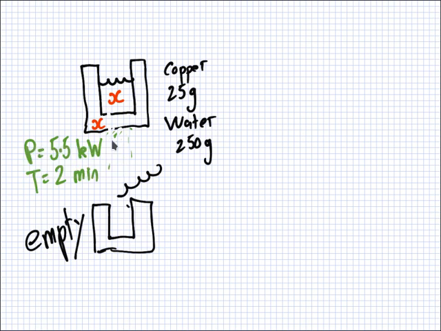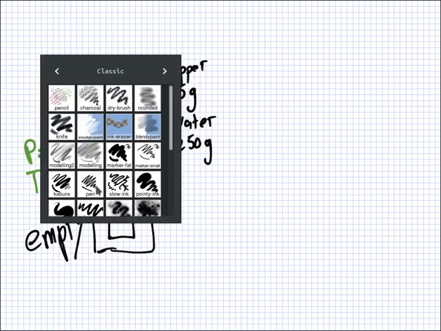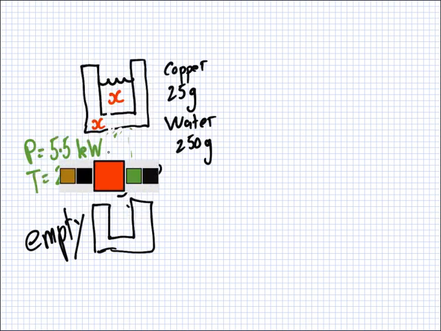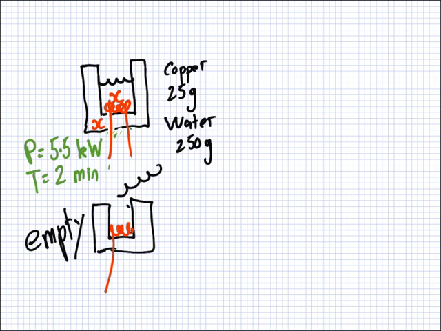Oh, what the heck? Come back, pen. The heating element is inside the water here. The delta T would be 100 minus X.